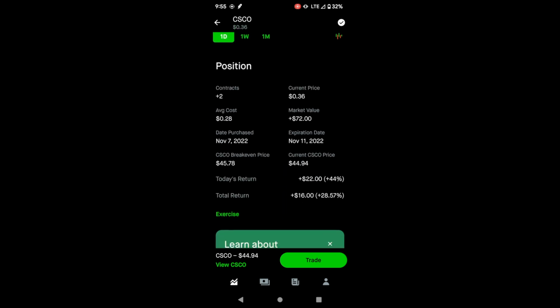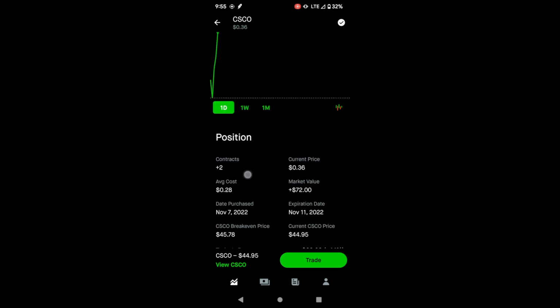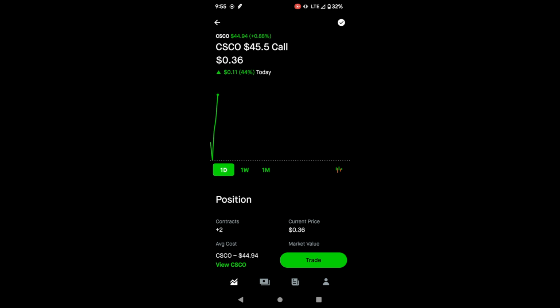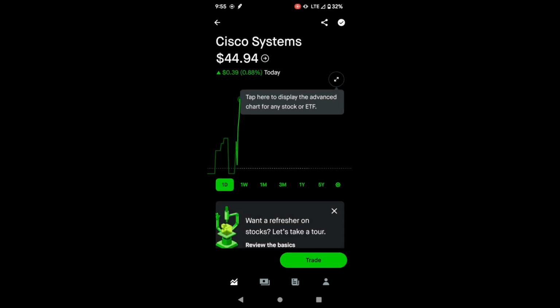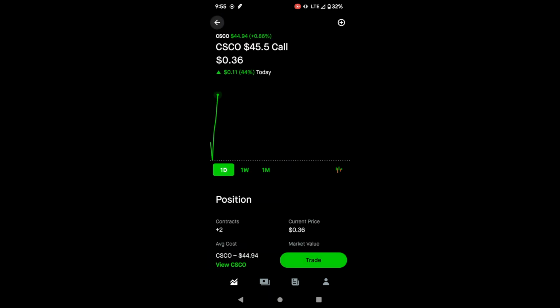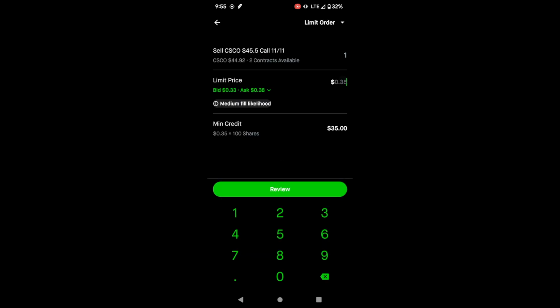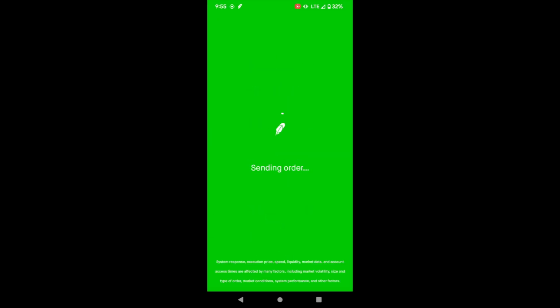But again, I'm looking at the stock, I'm looking at my current profit, and I think I'm actually okay with selling these at 36 cents, to be honest. I don't have the sell indicator coming, but this is where I leave it up to your discretion. It's okay to take a 25% profit and miss out on a 35, 40, maybe even 50% profit.